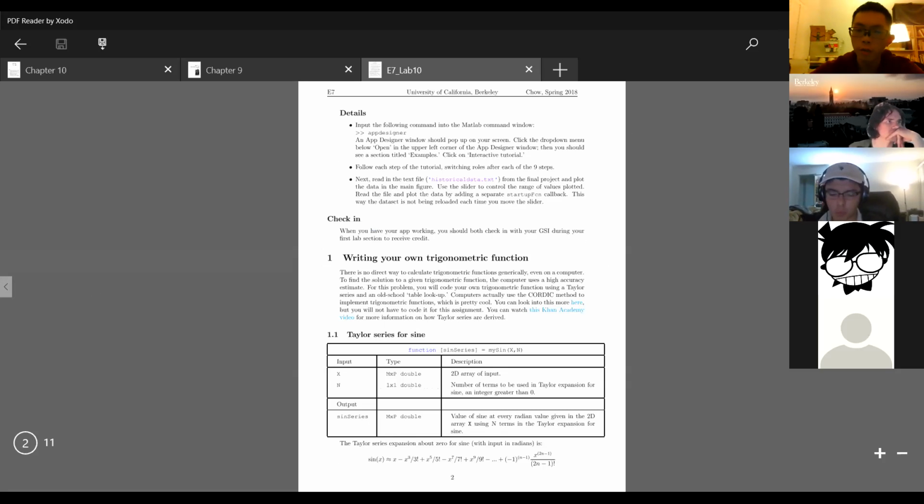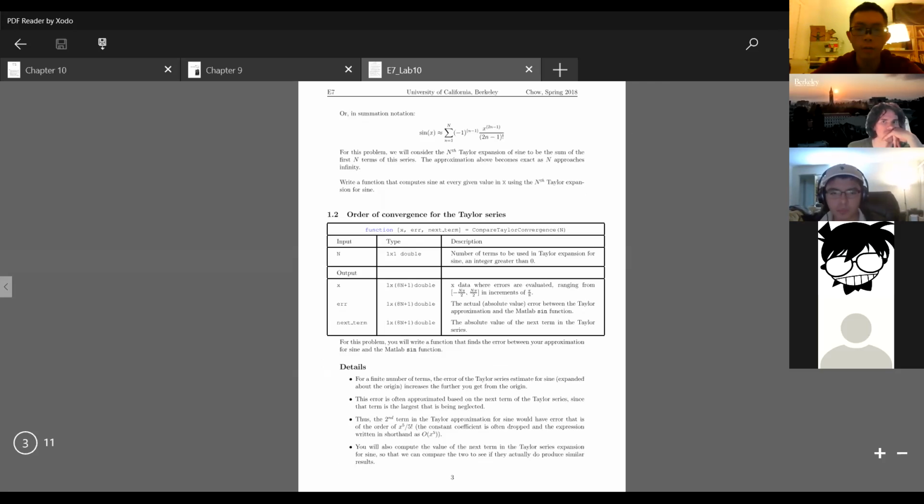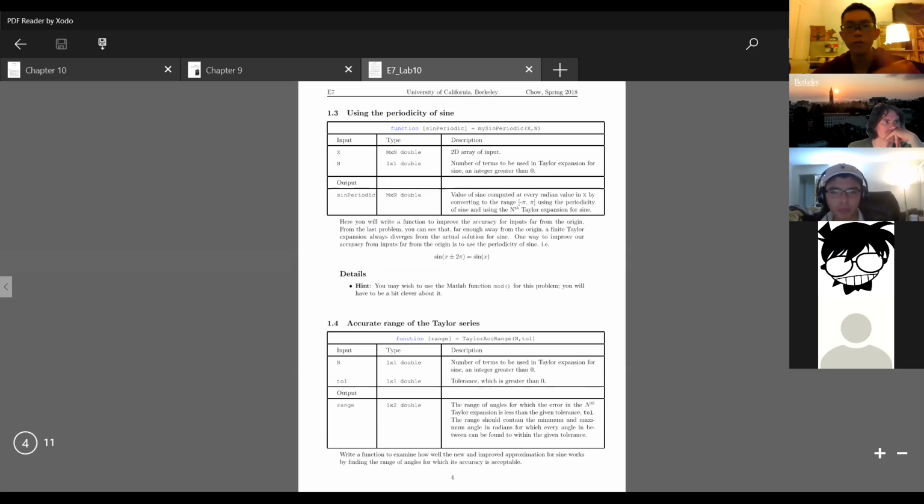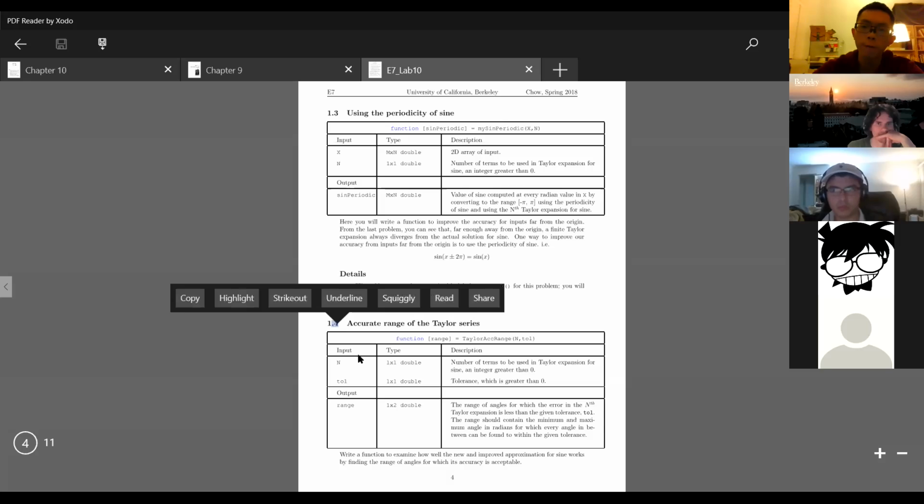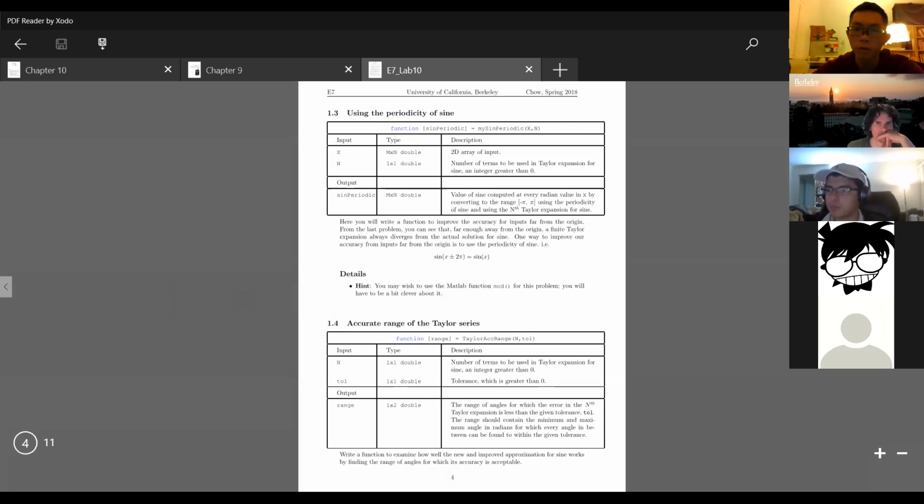So the first one is like doing Taylor series for sine, and then there's going to be 2 different ways you're going to do it. So the first 2 parts is one method. Part 3 is like the second method, and then part 4 is like comparing their accuracy.